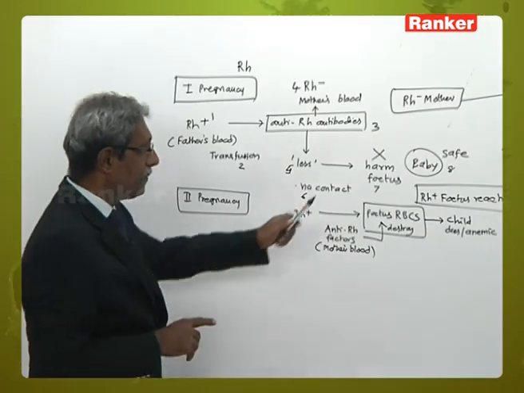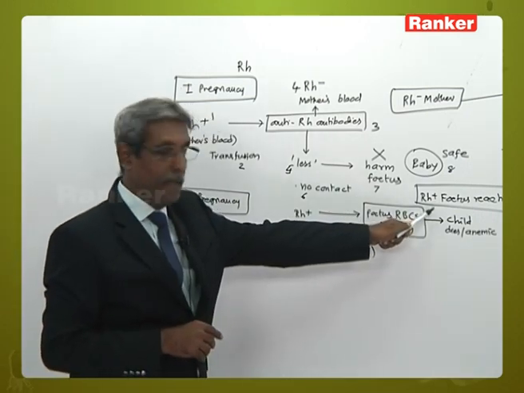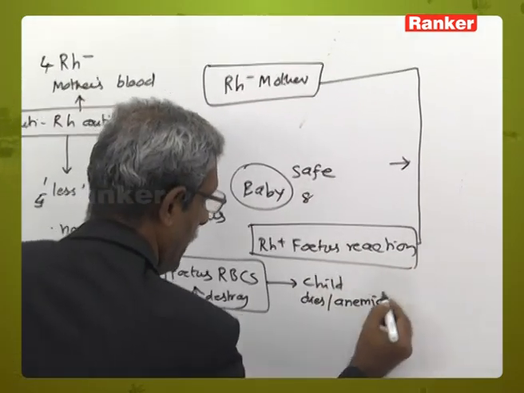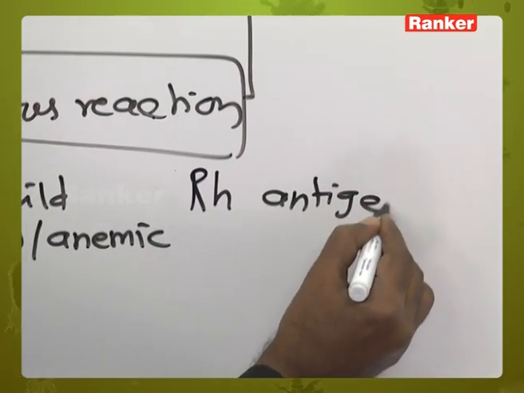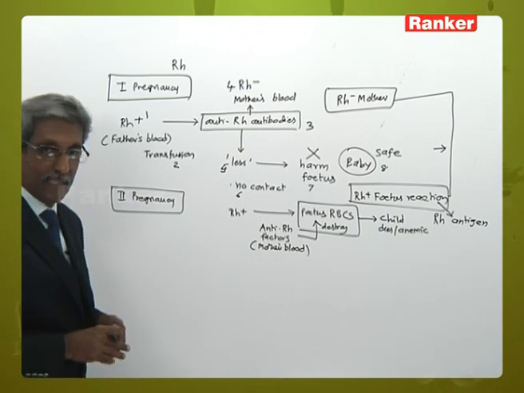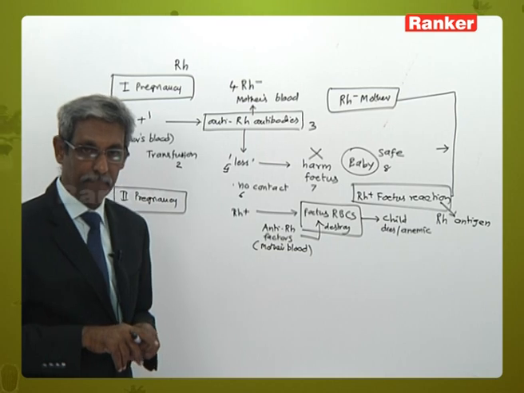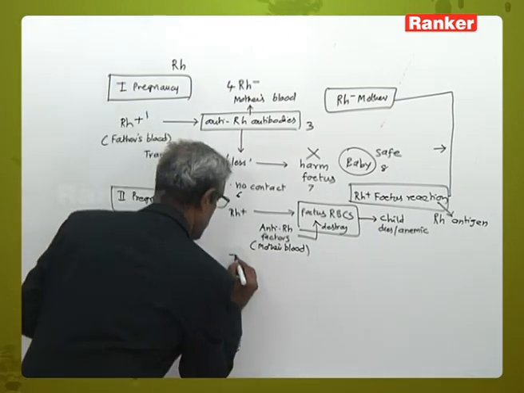We understand that in the Rh plus fetus we have an Rh antigen on the blood cells, and the maternal antibodies are IgG.